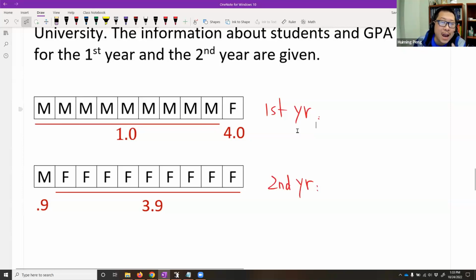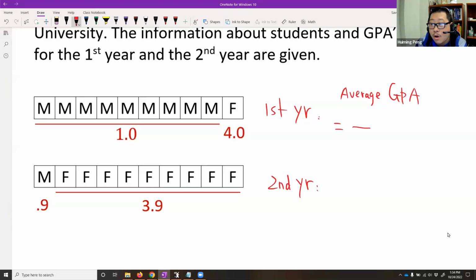So definitely I can calculate the average GPA for the first year, right? Can you calculate it? It should equal the total GPA divided by 10 students.